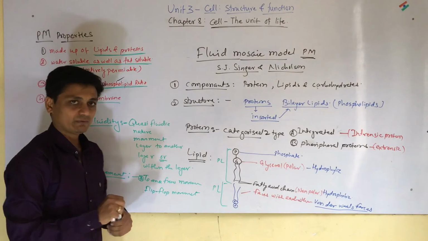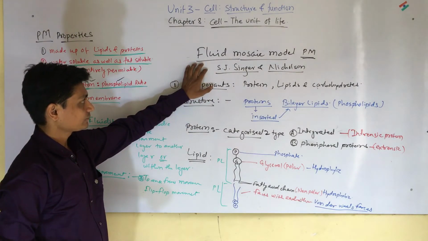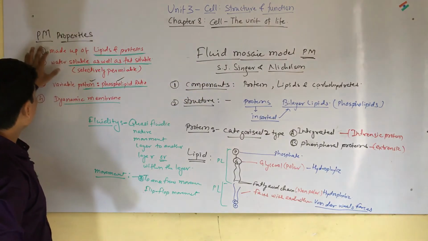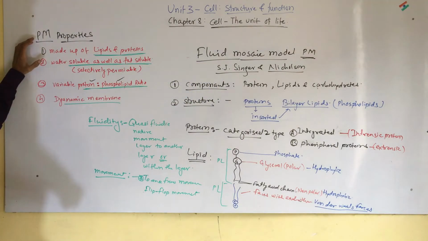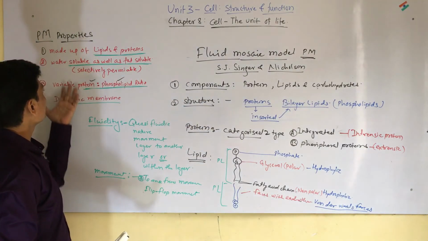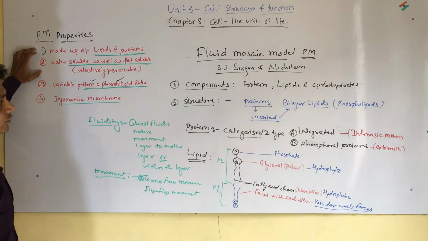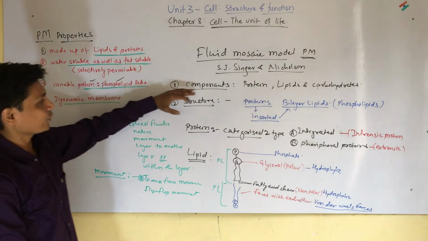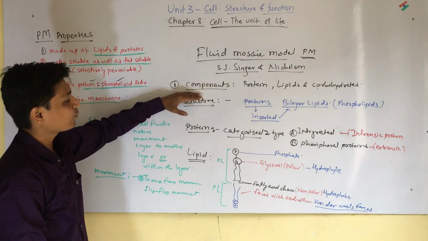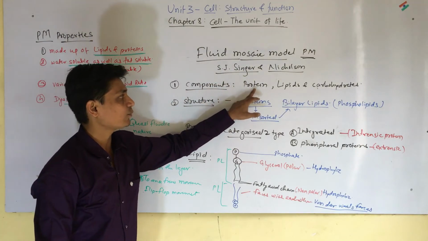So now we will discuss whether this fluid mosaic model meets the plasma membrane properties or not. Up to this point we will see whether these points are meeting with each other or not. According to Singer and Nicholson, the first component point is that it is made up of proteins and lipids.